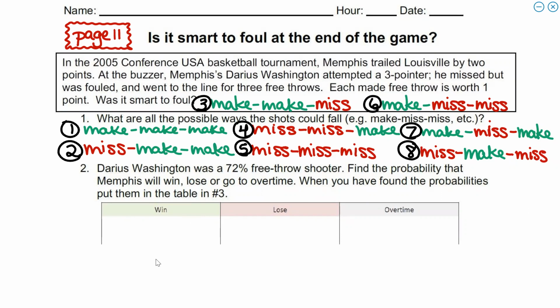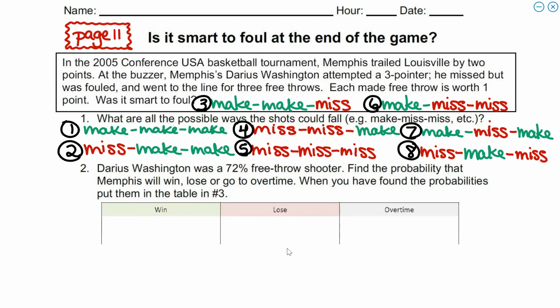How does Memphis lose the game? Miss. So miss, so 3 misses. Or if he gets, what, 2 misses and 1 make?